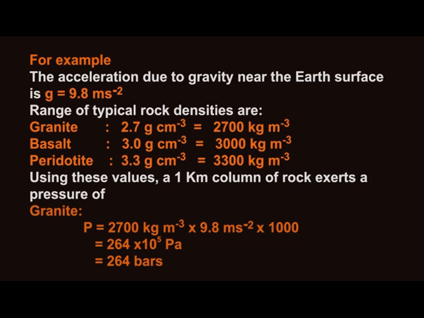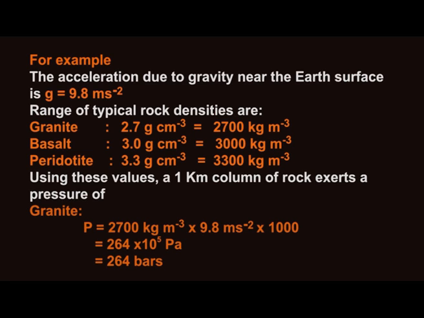For example, the acceleration due to gravity near the surface is small g equal to 9.8 meters per second squared, and the range of typical rock densities are: granite equal to 2.7 grams per centimeter cube, equal to 2700 kg per meter cube; basalt 3.0 grams per centimeter cube or 3000 kg per meter cube; peridotite 3.3 grams per centimeter cube or 3300 kg per meter cube.